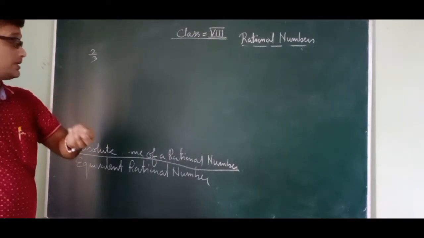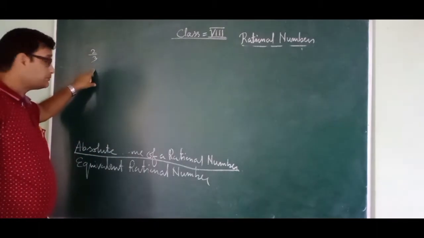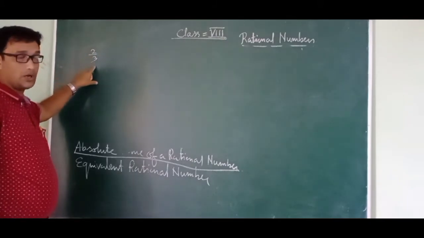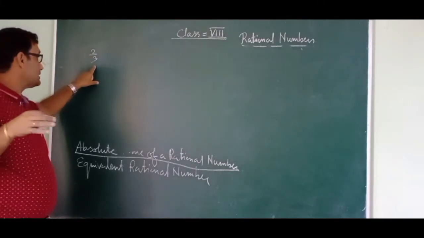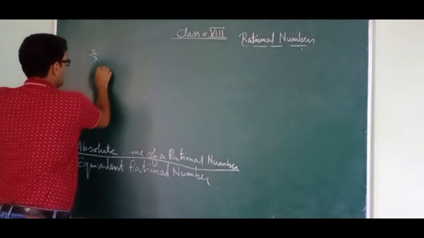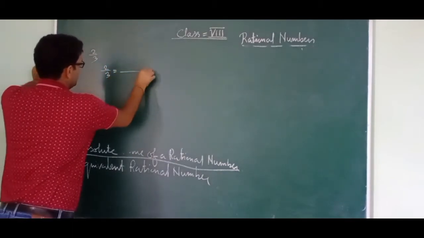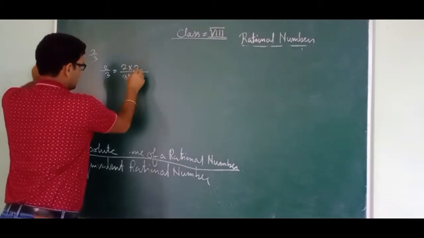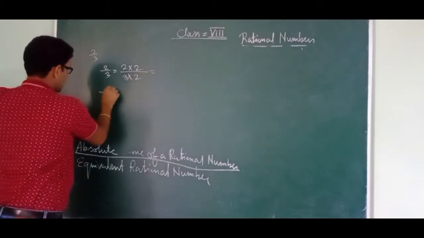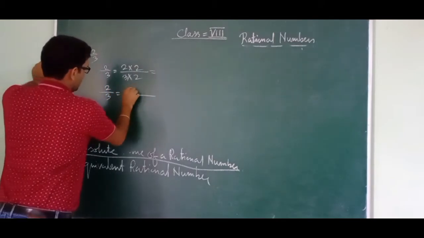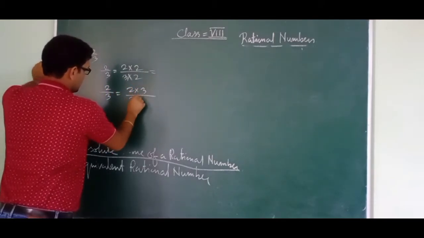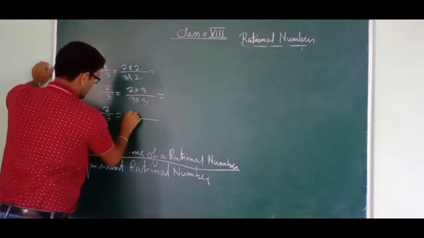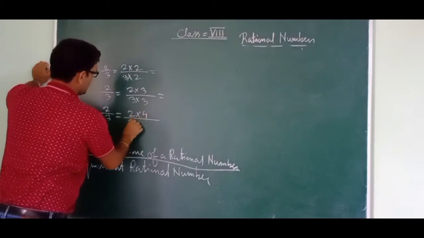So how will you find? 2 by 3 is a rational number, and this rational number is in standard form. So since it is in standard form, 2 by 3 means 2 into 2, 3 into 2. Next, 2 into 3, 3 into 3. Next, 2 into 4, 3 into 4.